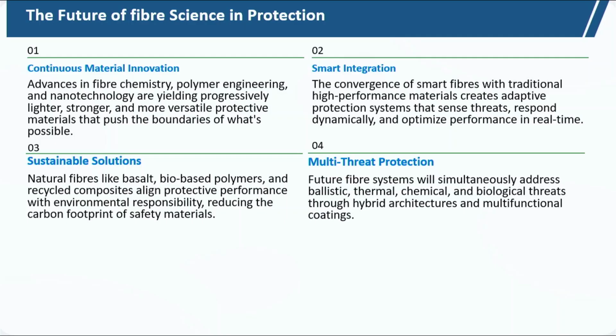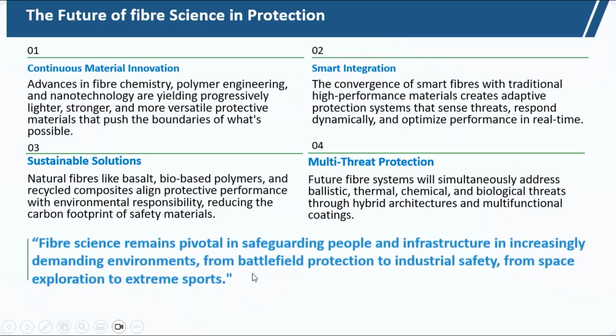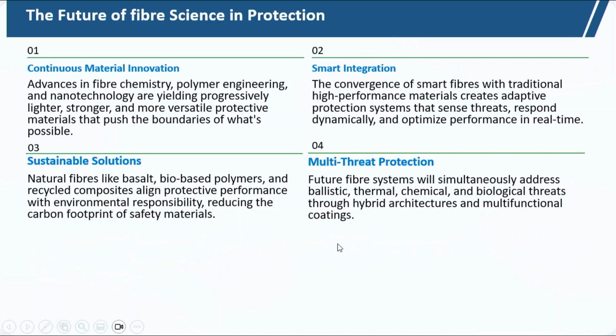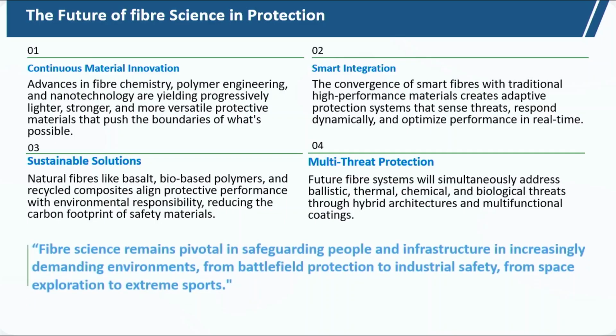One particular fiber should be used for ballistic as well as bacterial or heat or chemical protection. So, we should try to create a multi-threat protection fiber, because we do not know what type of threat may come. So, can we create a particular protective textile which will protect us from any type of threat?